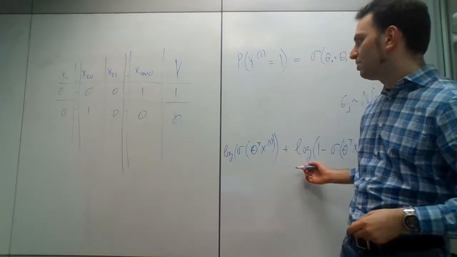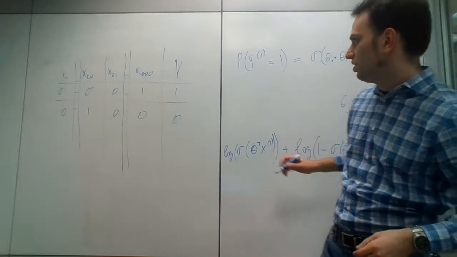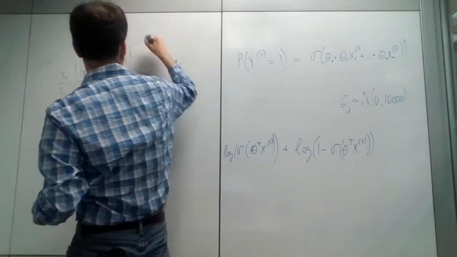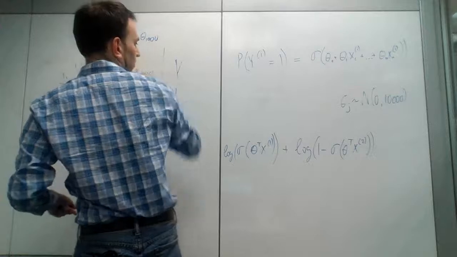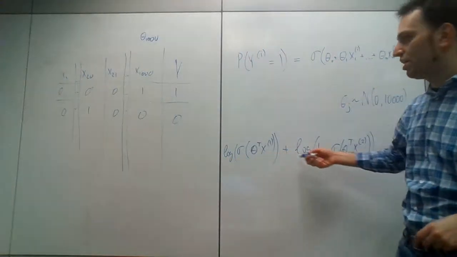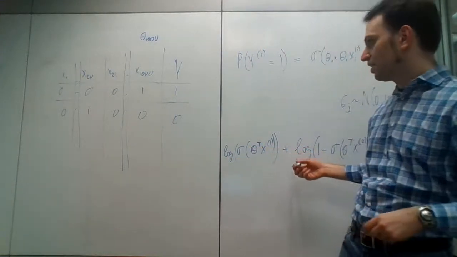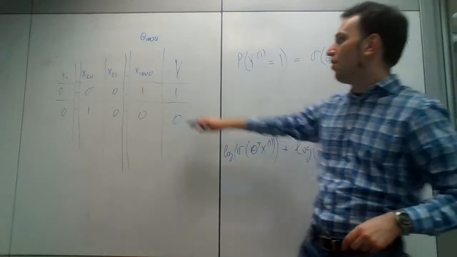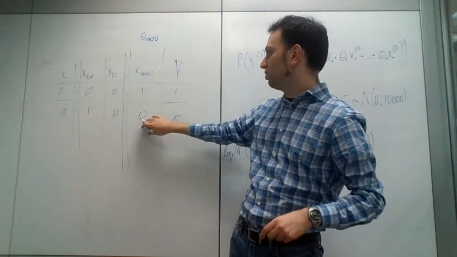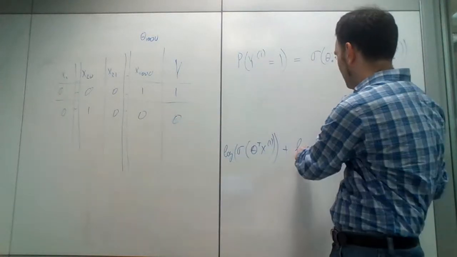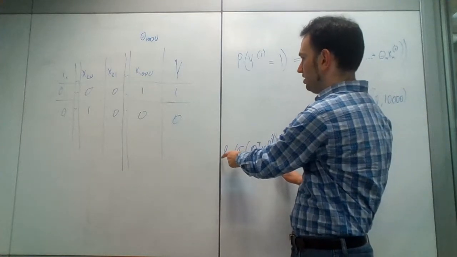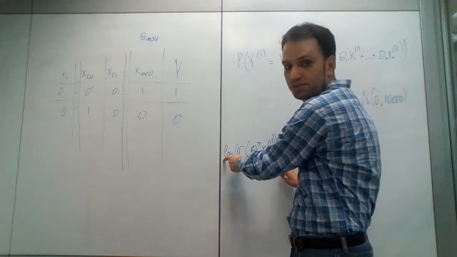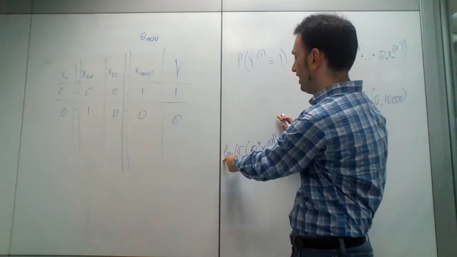So what's going to happen when we focus on theta 1000, which multiplies this term, when we are computing this? x1000 is equal to 0 over here, which means that this term basically doesn't matter. We're just going to be concentrating on this term, and we're going to try to maximize it.